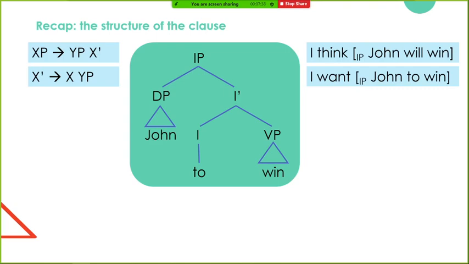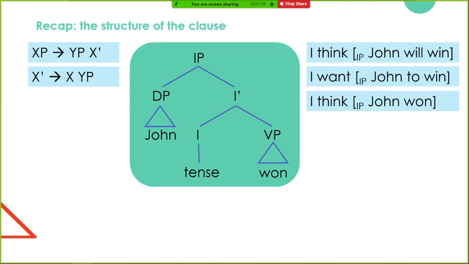There's another kind of finite clause as well, which appears to somehow lack something that the other two have, inasmuch as you only get two words. This is something like John won. However, we've pointed out that this does in fact contain something that the other two don't have, and specifically that is the tense that appears on the verb. Now, this is a rather abstract kind of analysis.